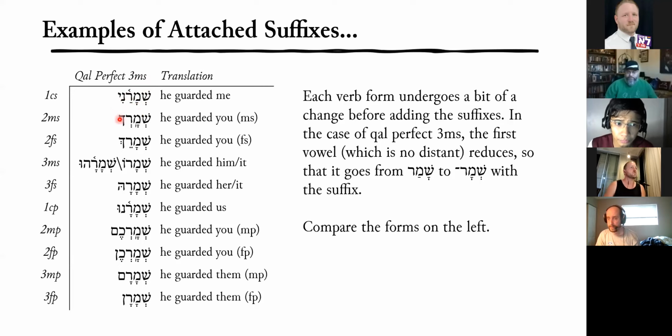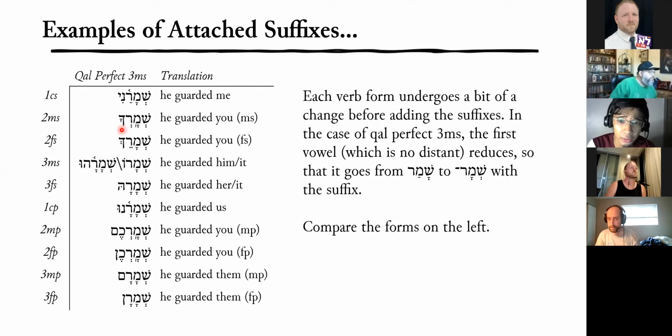Hoshea, what about the second one? Shmarcha, he guarded you. What's going on with the vowels? The first one shortened because the accent shifted to the last syllable, to the cha.